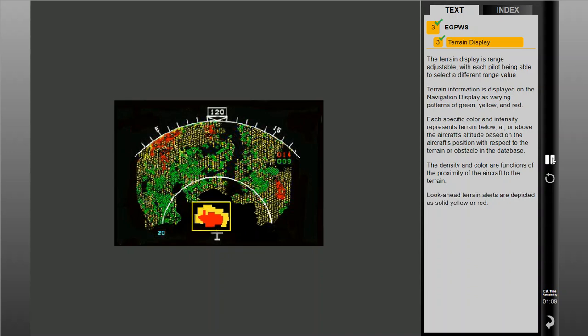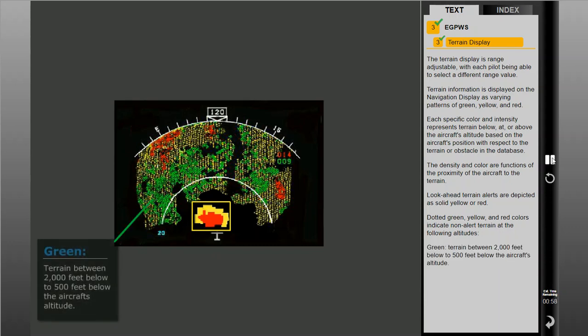Look-ahead terrain alerts are depicted as solid yellow or red. Dotted green, yellow, and red colors indicate non-alert terrain at the following altitudes. Green, terrain between 2,000 feet below to 500 feet below the aircraft's altitude.